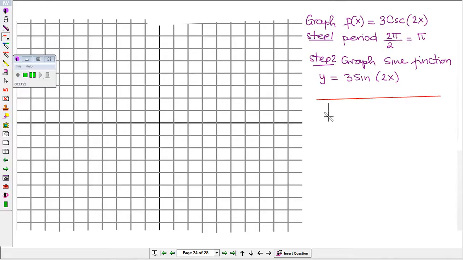I'm going to make the table really quick for the sine function. So x, we know that the period is pi. So we will divide the interval from 0 to pi into 4 equal parts. So we do pi over 4.